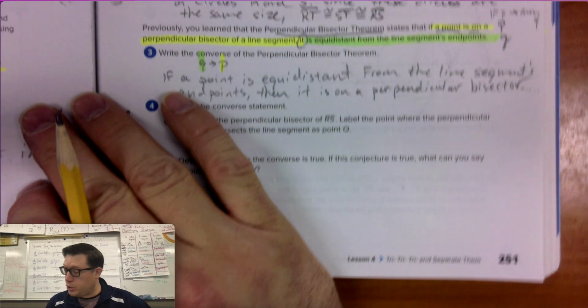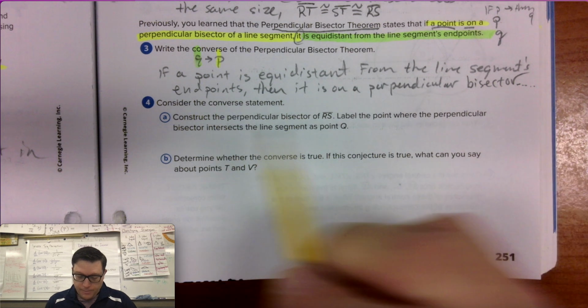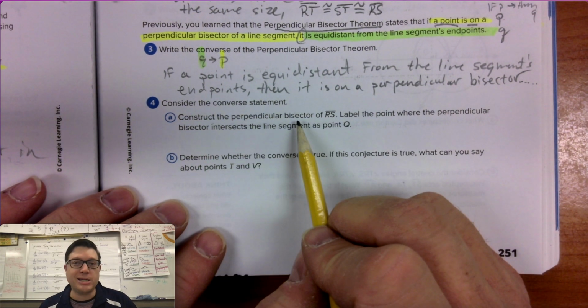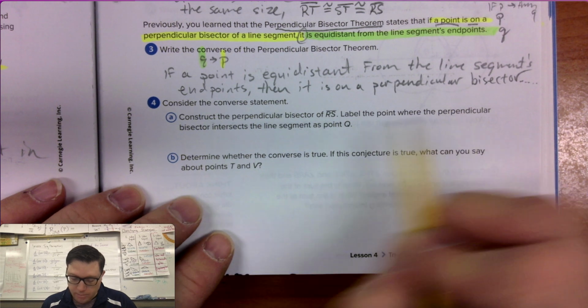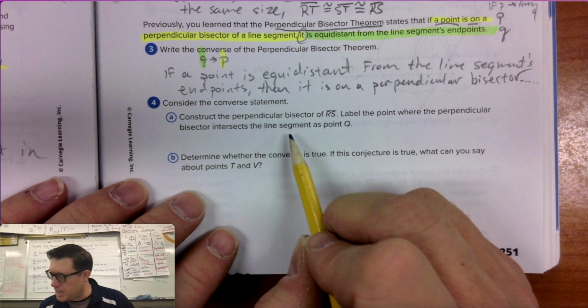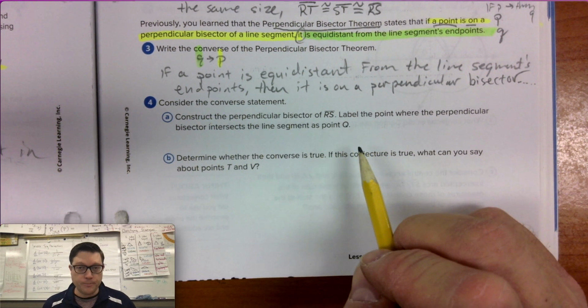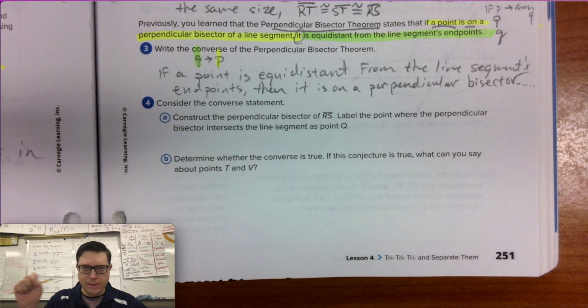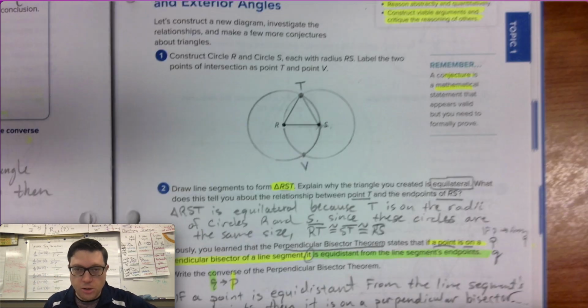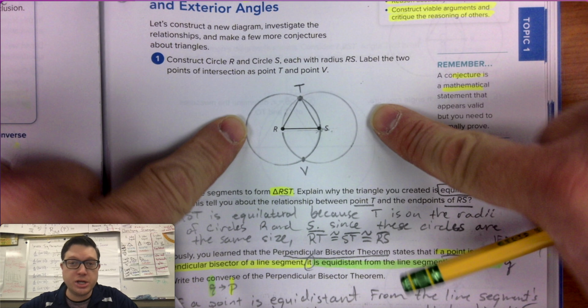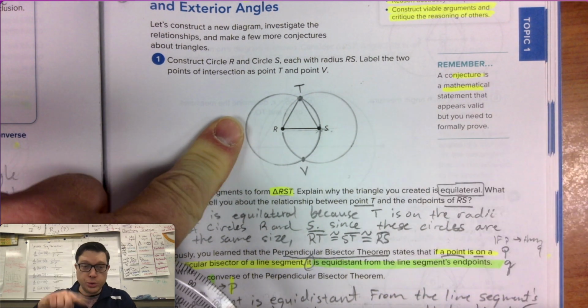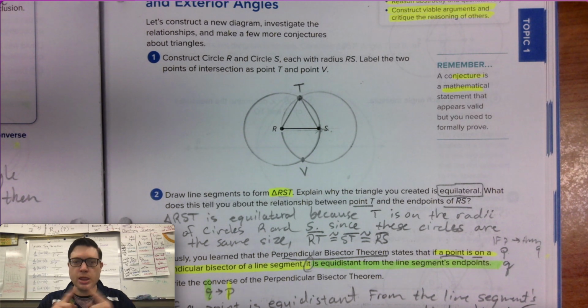Is that absolutely true? Well, construct the perpendicular bisector of segment RS, and then label the point where the perpendicular bisector intersects the line segment as point Q. Remember those rules. Scrub back and forth in the YouTube video. Let's go up here. To construct a perpendicular bisector: two circles, same size, that cross.